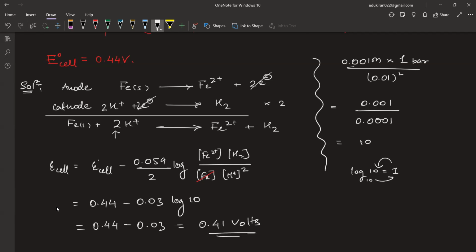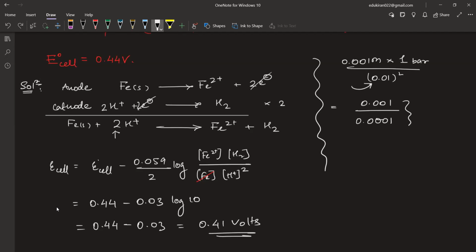Sir, I got log 10 to the power minus 1. Did you do this? No, I made a mistake in balancing the equation. Yes, in balancing the equation, here you will not have 2. That is why you are getting that much. Now I corrected the mistake.